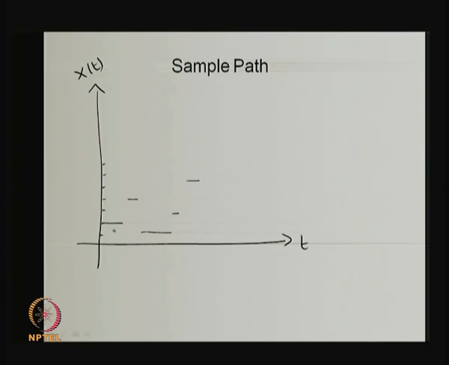And since the exponential distribution has the memoryless property, if you observe the system at any time t, and ask what is the probability that the system will stay for some more time in the same state, given that it has already spent this much time in this state, then that is also exponential distribution because of the memoryless property of exponential distribution, which is independent of how much time was already spent in the same state.